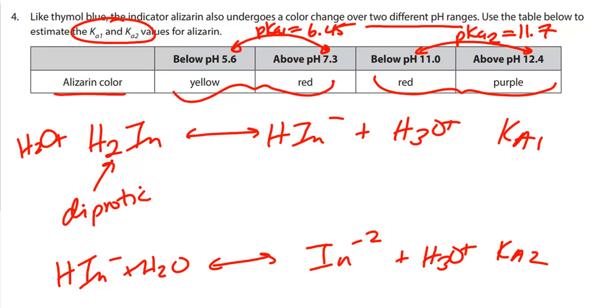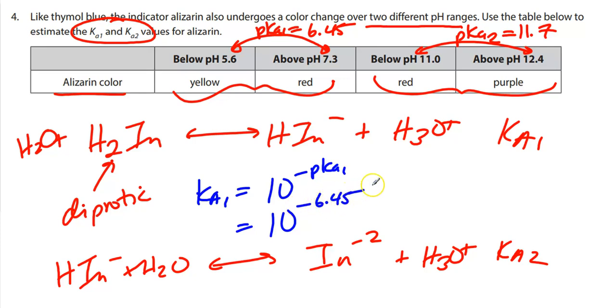Okay, so to get the Ka values, we're going to do 10 to the negative pKa. So Ka1 is 10 to the negative pKa1, which is 10 to the negative 6.45, which is, again, we don't really have numbers here, so I'm not really concerned, 3.55 times 10 to the negative 7.